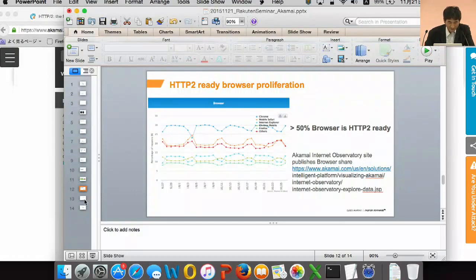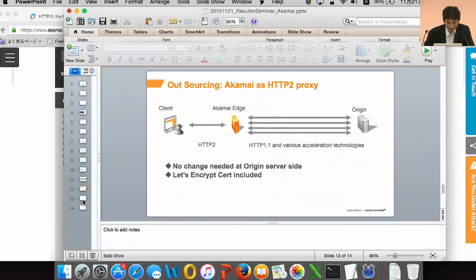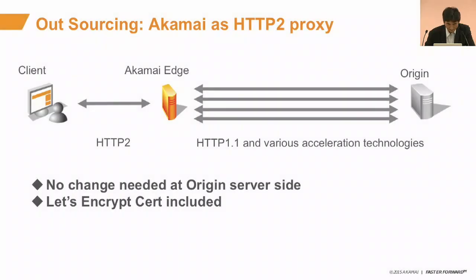And if you think going onto HTTP2 is still tedious and difficult, then there's another type of solution. There's an outsourcing way. Akamai and other CDN vendors can work as a complete proxy, and you don't have to do anything.